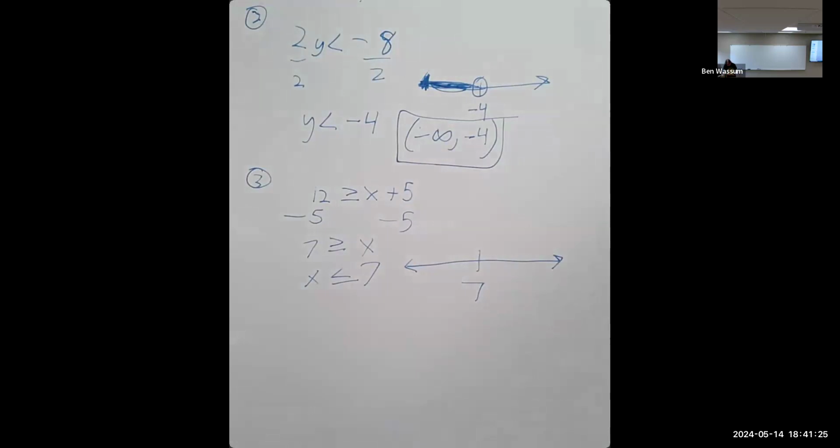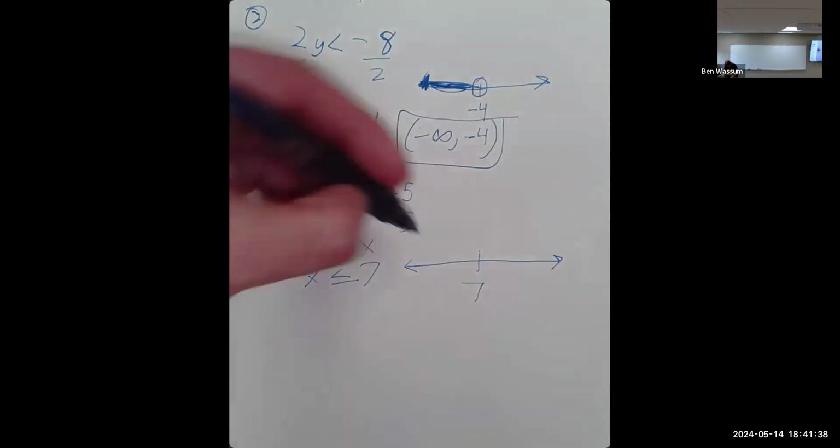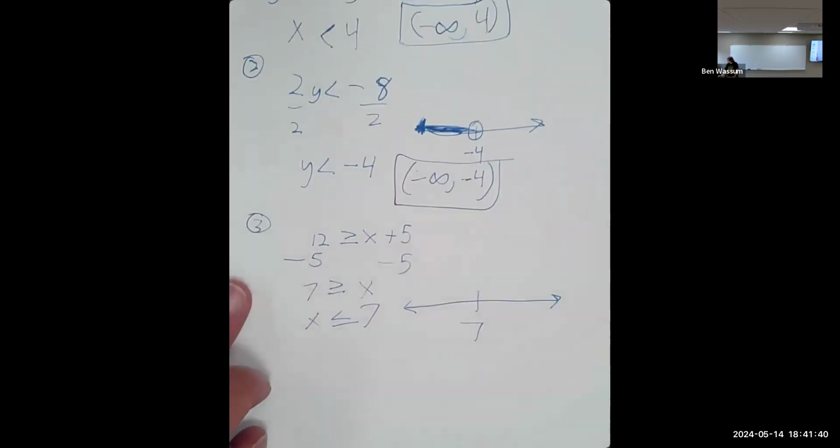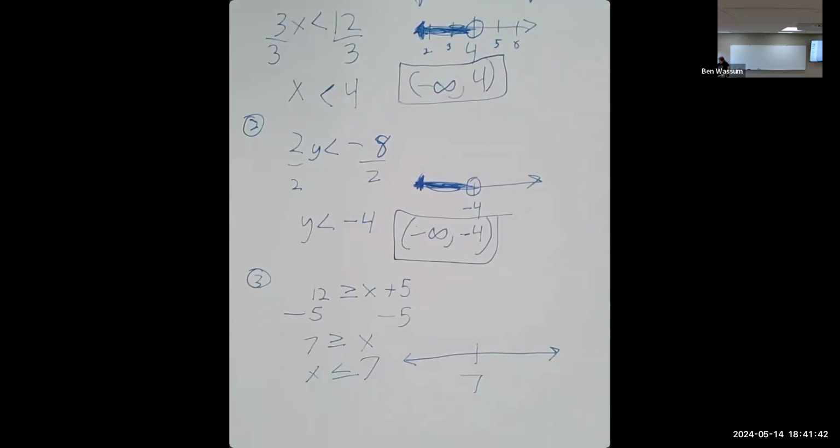So 7 is greater than or equal to x is kind of confusing to wrap your head around. x is less than or equal to 7, that I can get behind. That makes more sense, right? At one point I had actually changed this to be facing the other direction, and then I looked at this, forgot what my setup was and changed it back because I realized that all of my answers were going to the left.